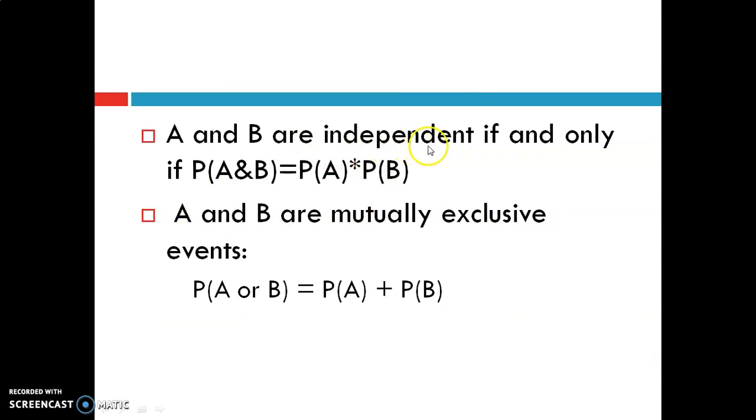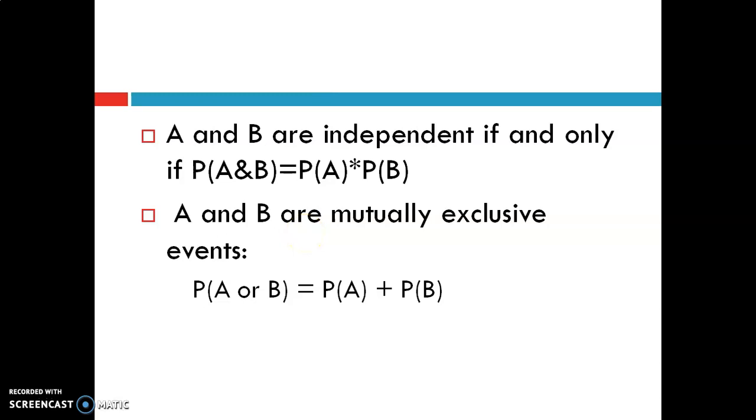A and B are independent if and only if the probability of A and B is equal to the probability of A times the probability of B. We can say that A and B are independent, meaning not mutually exclusive.